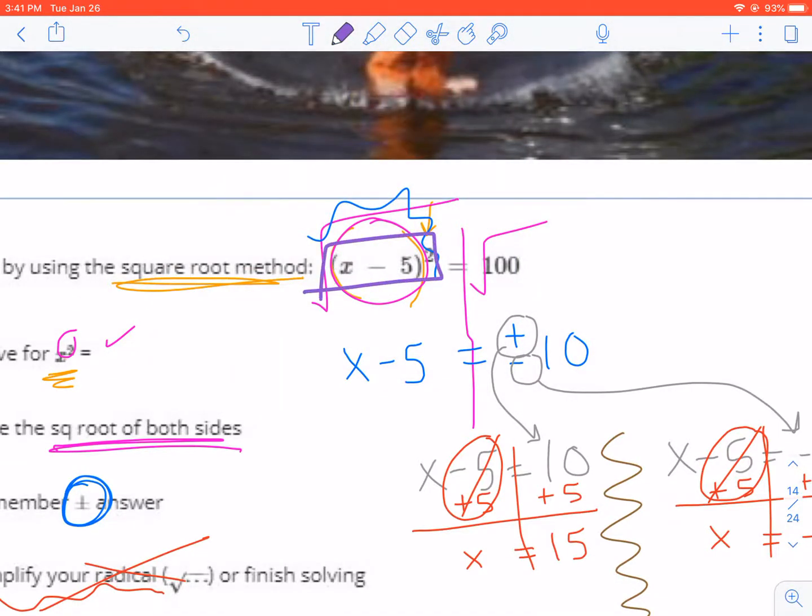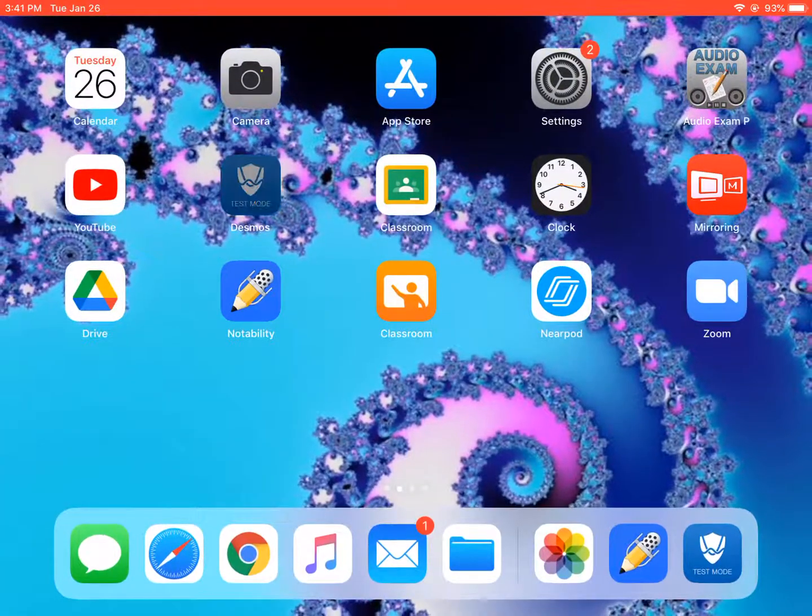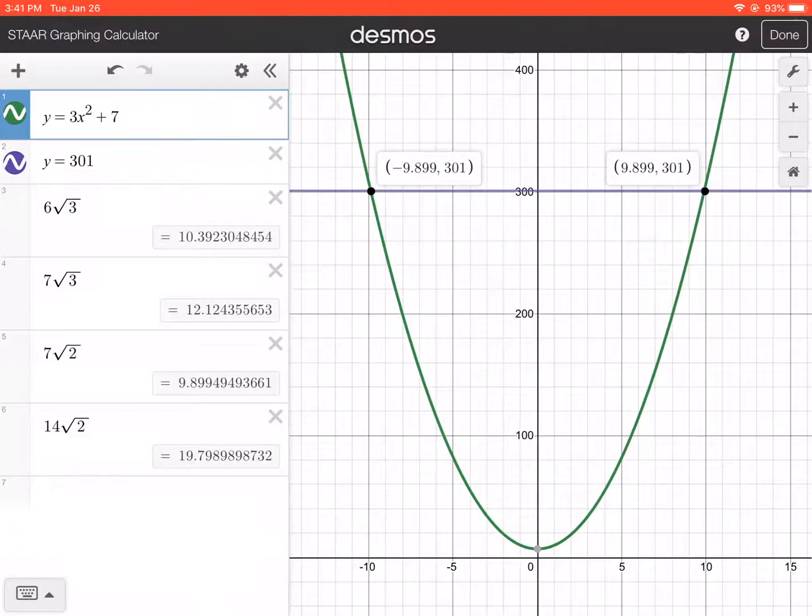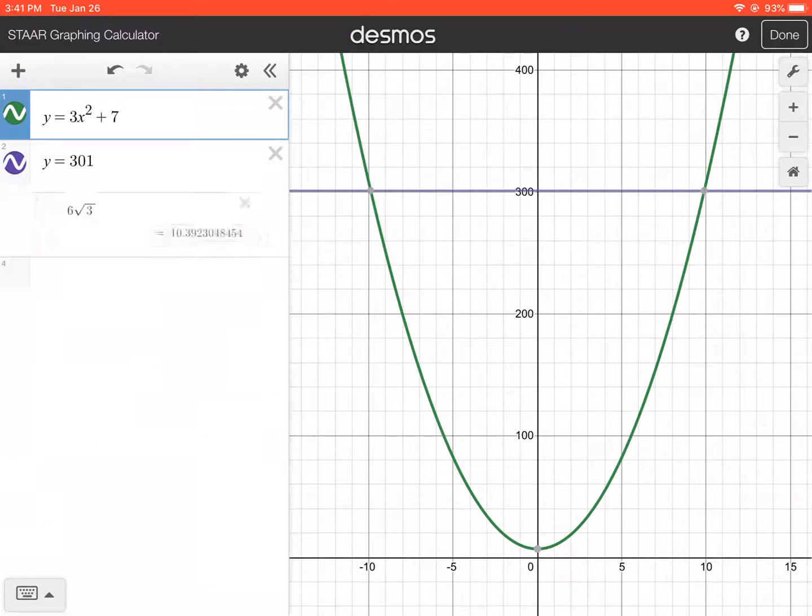So we could type in y equals x minus 5 squared, and then y equals 100. We're going to type those in and see if we get the answers that we got when we did it by hand.